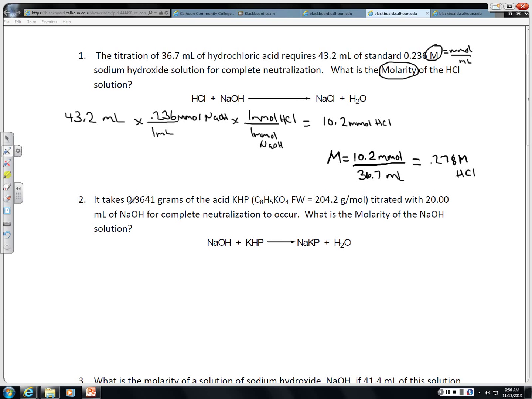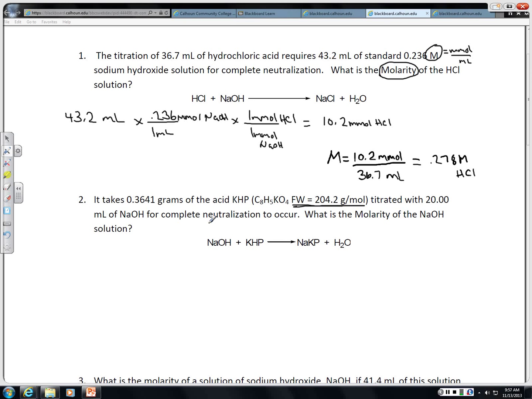Okay, in the second one, we have an acid that is a solid. We have 0.3641 grams of KHP. KHP is just abbreviated for potassium hydrogen phthalate. It's just an acid, and I give you the formula weight so you don't have to add it up: C8H5KO4.